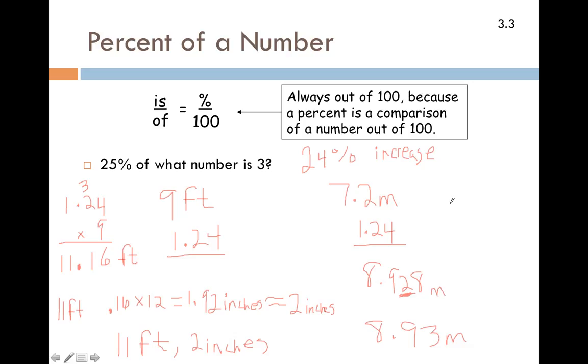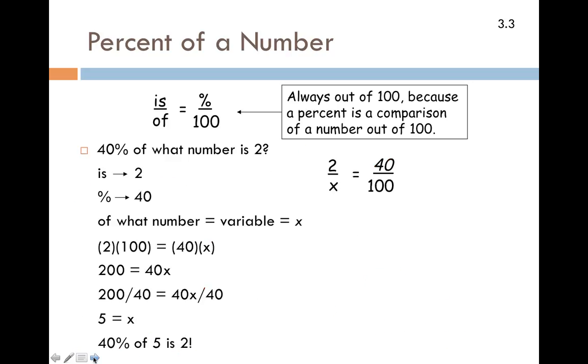But if it's like, 750% of what number is 84, then yeah, this would work. Let me clean this up.